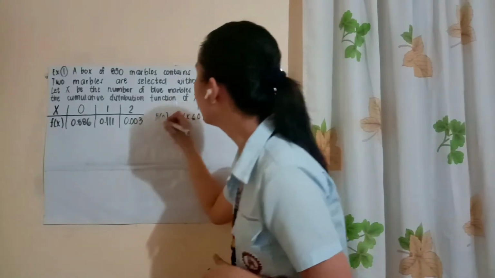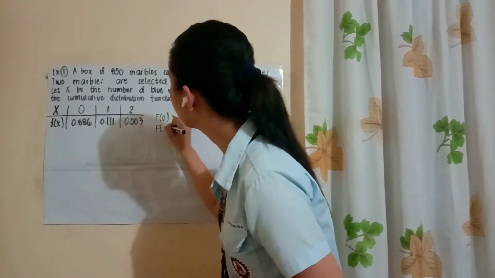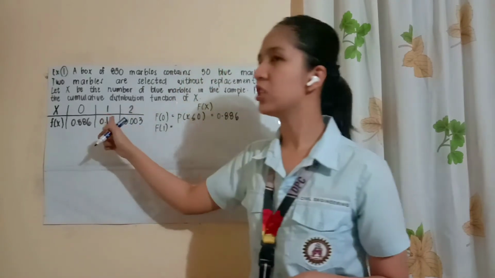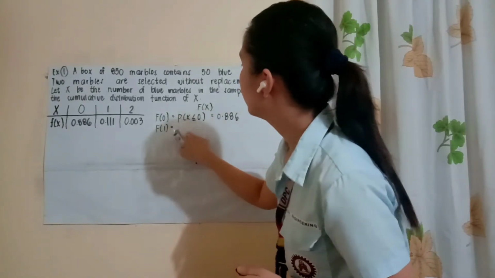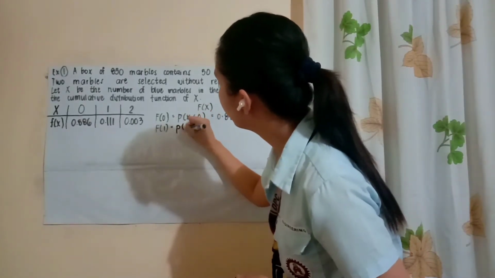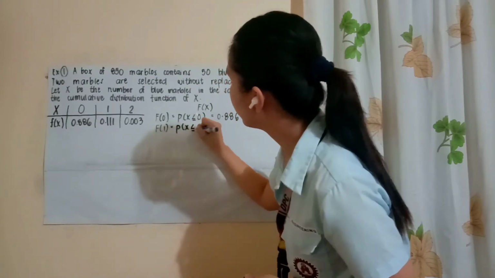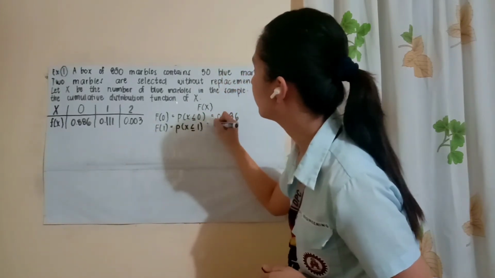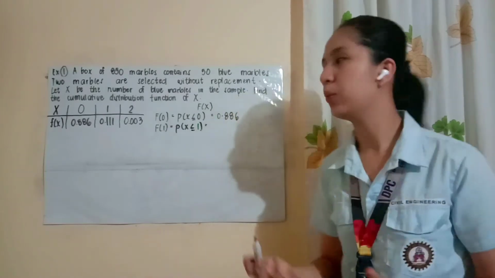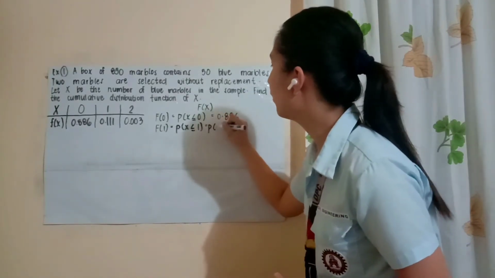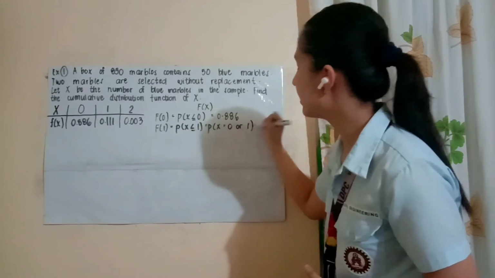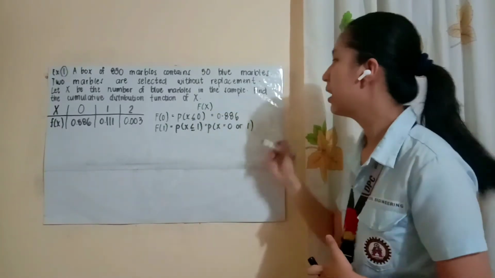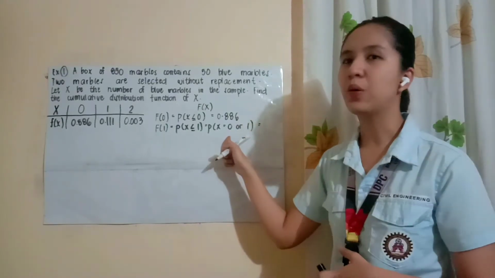Next, we have f of 1. So, we have P of x less than or equal 1. Ano ba yung less than or equal 1? We have P of x is equal to 0 or 1. So, ano ba yung probability ni 0?